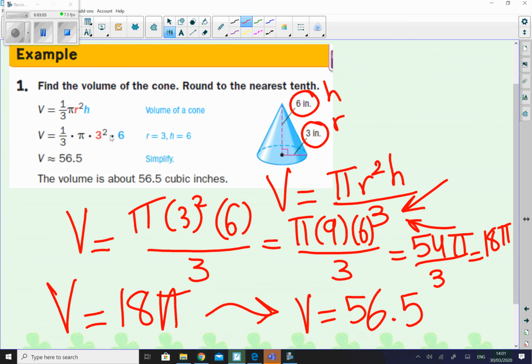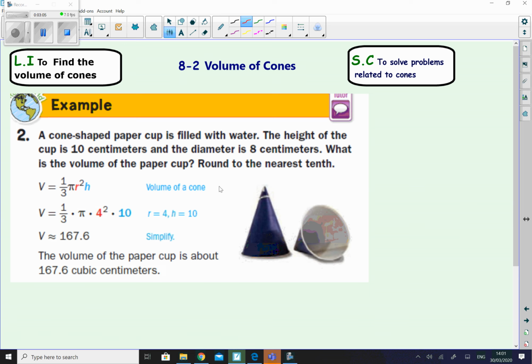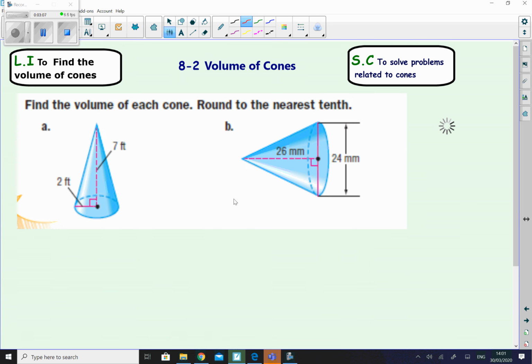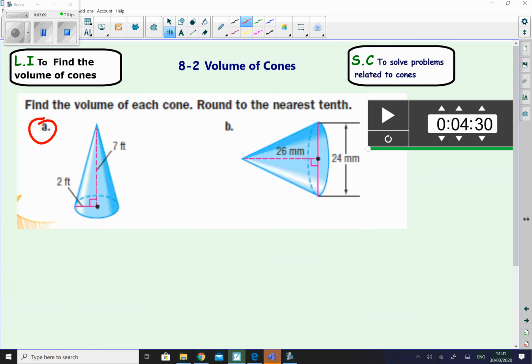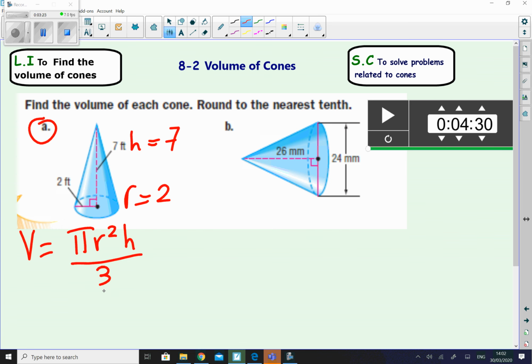Let's take another example here. For example, like this one, I will take here A. I have r equal to 2 and the height equal to 7. So let's find the volume. Volume is equal to pi r squared height divided by 3. So the volume is equal to pi times 2 squared times 7 divided by 3.